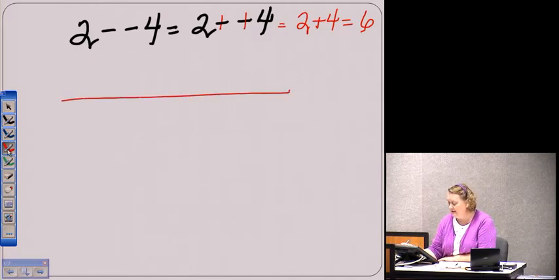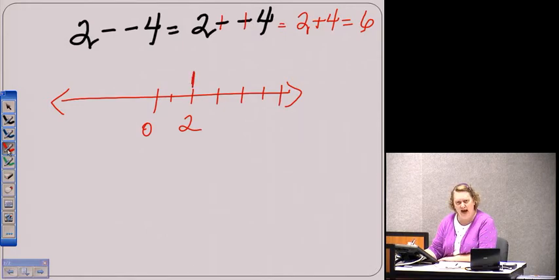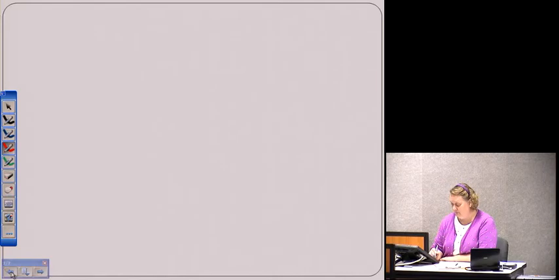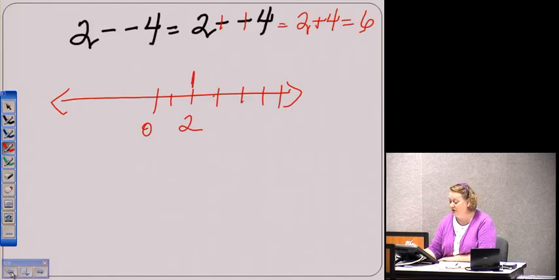Well, go back to our number line idea. We're at 2, 3, 4, 5, 6. And if I take away a subtraction, I've got to move... Sorry about that.